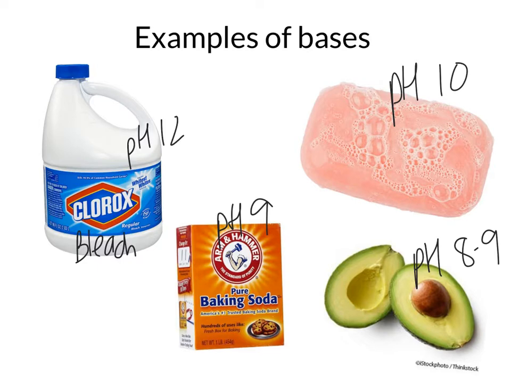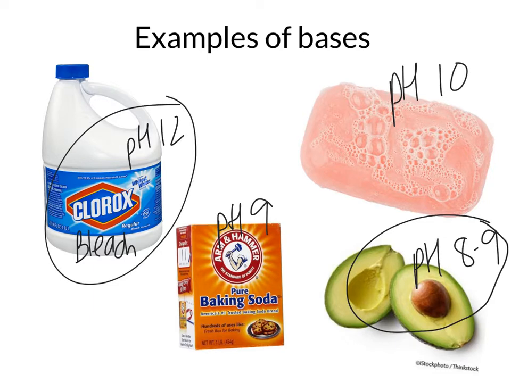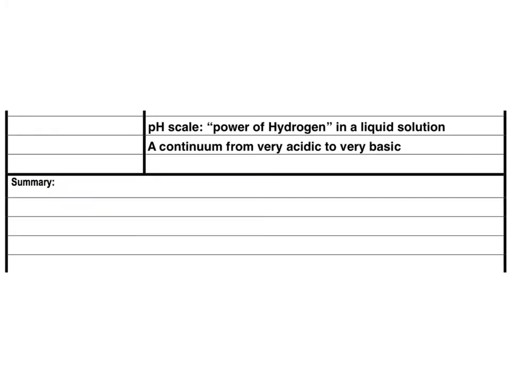So the weakest base, strongest base. So when we move on the pH scale, we go from strong to weak to neutral, weak to strong, because we're going from pH of 1 all the way to 14. And that's what this is about, the pH scale. It means the power of hydrogen, how much hydrogen is in that solution.